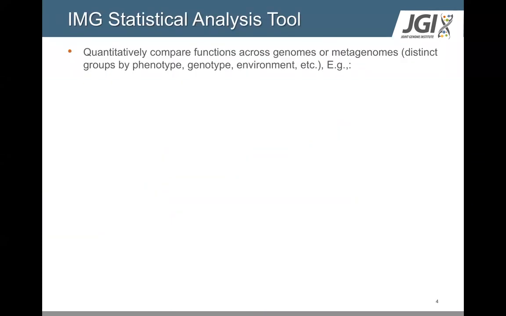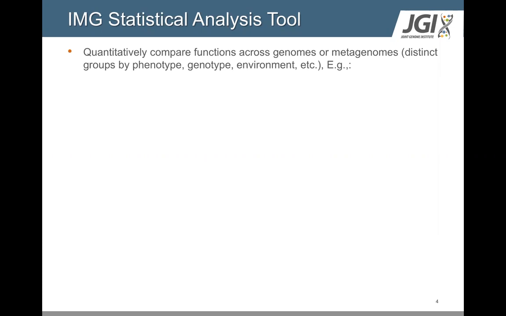Okay, so what can you do with this tool? It allows you to quantitatively compare functions across distinct groups of genomes or metagenomes that you might have curated. You might have curated them as case versus control, where the case has a particular phenotype or genotype, and then you have a control group.